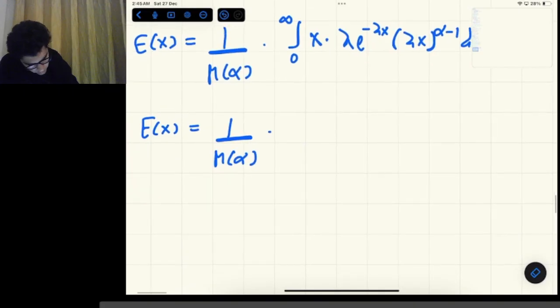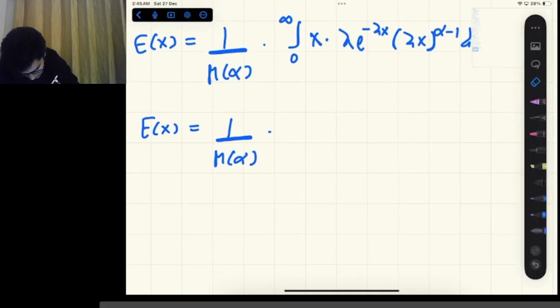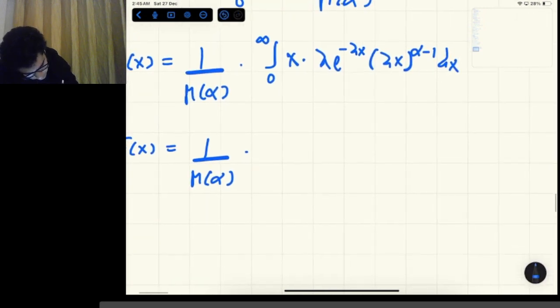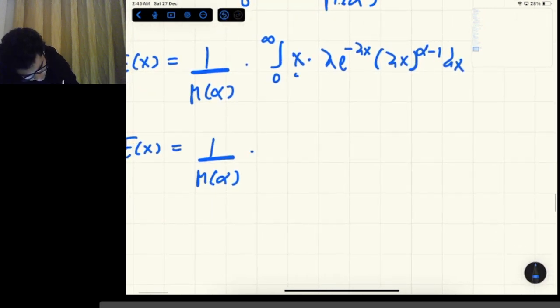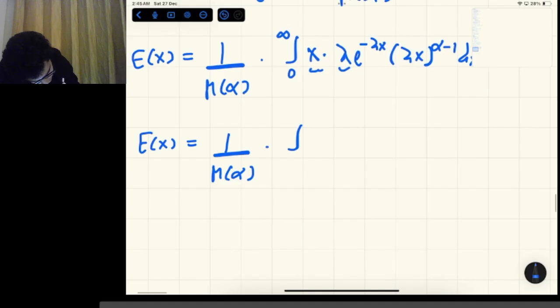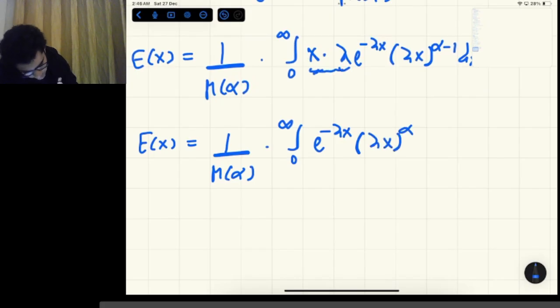So now if I just find the expected value, this is very simple. I have x and lambda, and I can multiply this lambda x with the term inside. Now I'll be getting the integral from 0 to infinity of e to the power minus lambda x and lambda x to the power alpha dx, because I have lambda and x present here.